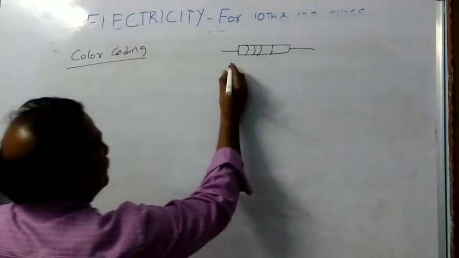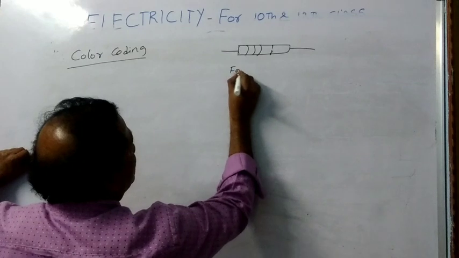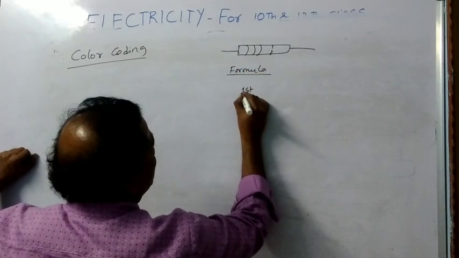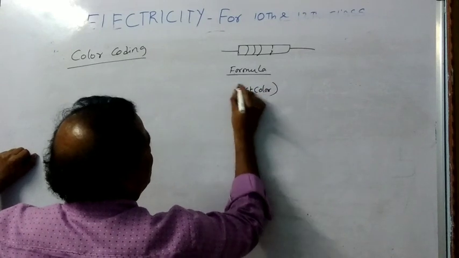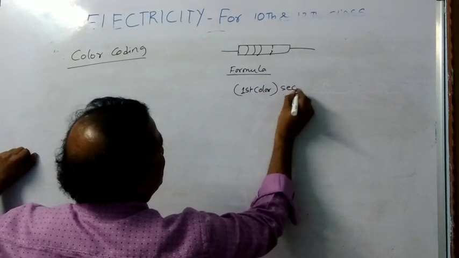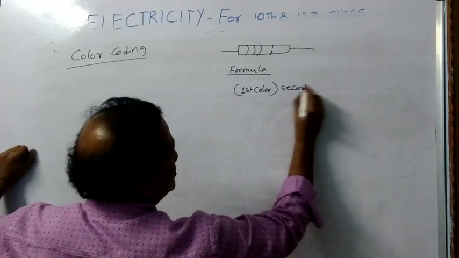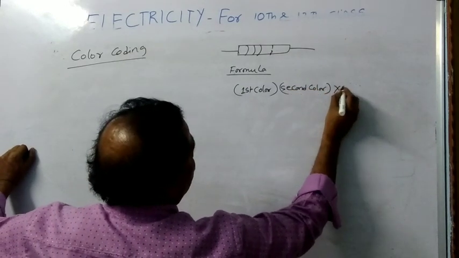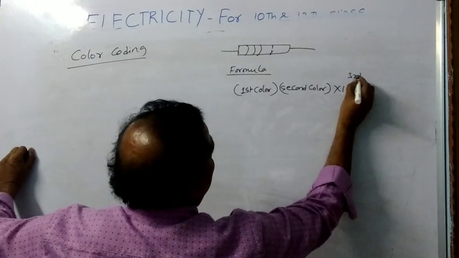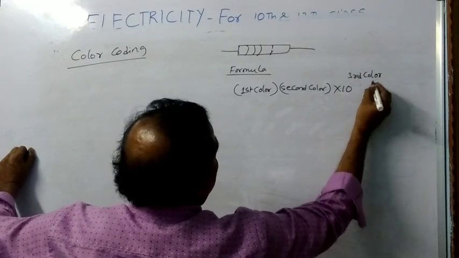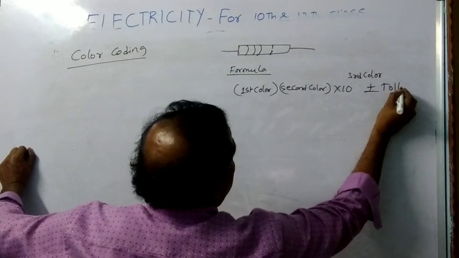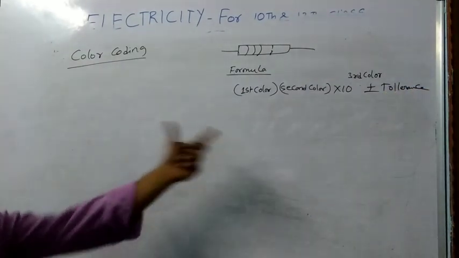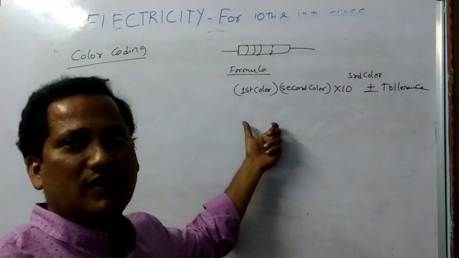The formula for finding the value is: first color side by second color, not multiplication, just keep them side by side, into 10 power third color, plus or minus tolerance. This is the formula to find the resistance of the given resistor.